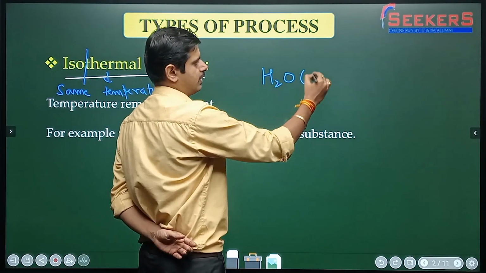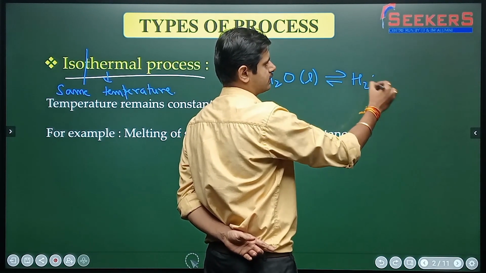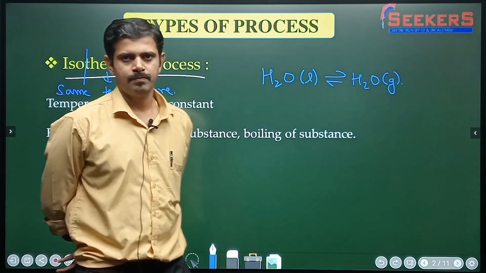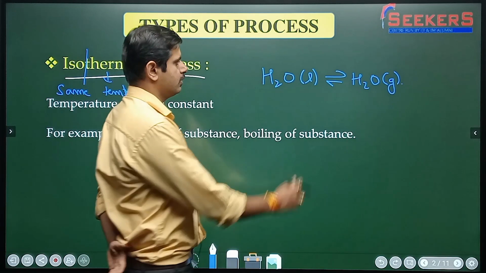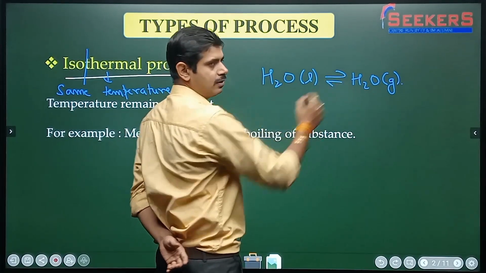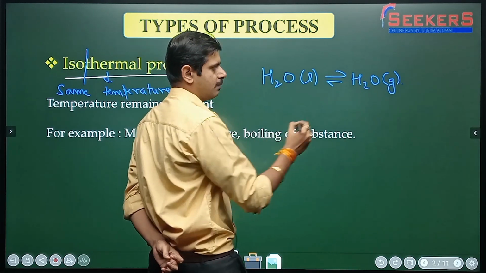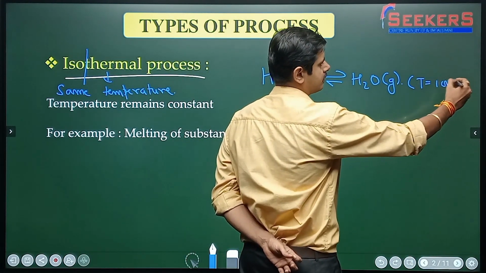Water which is in a liquid phase will have an equilibrium with water which is in a gaseous phase. Okay, water in a liquid phase, water in a gaseous phase. Now what happens here? This is a reversible reaction, and this reversible reaction happens at an exact temperature of 100 degree Celsius.